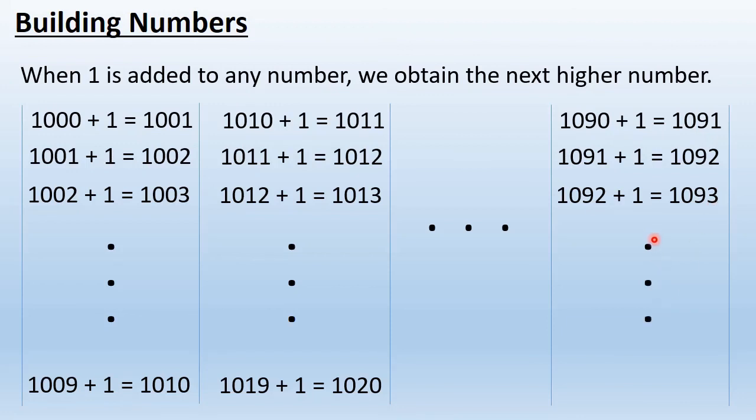At the bottom of this line, we get 1099 plus 1 is equal to 1100. If we continue writing the numbers like this, we will get next higher and higher numbers.